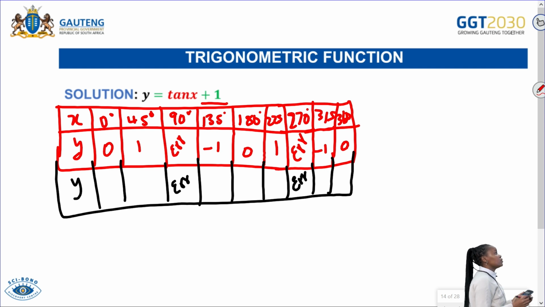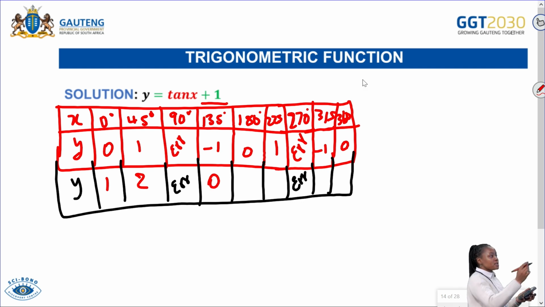So since my graph has shifted 1 unit upwards, it means it's no longer going to start at 0, but now it's going to start at 1, and then no longer at 1 but at 2, no longer at negative 1. But now I'll have my value of y at 135 as 0.